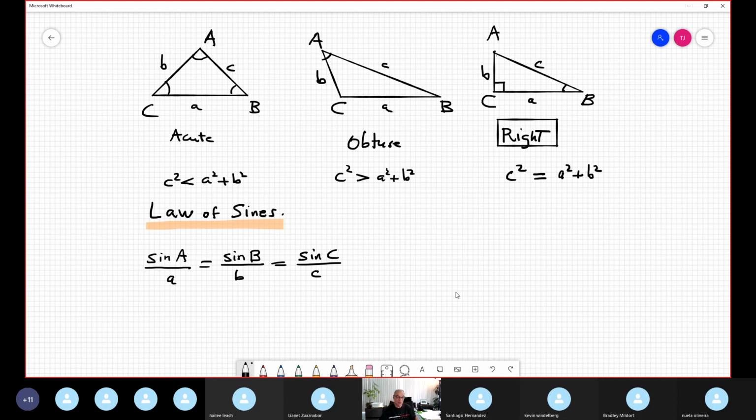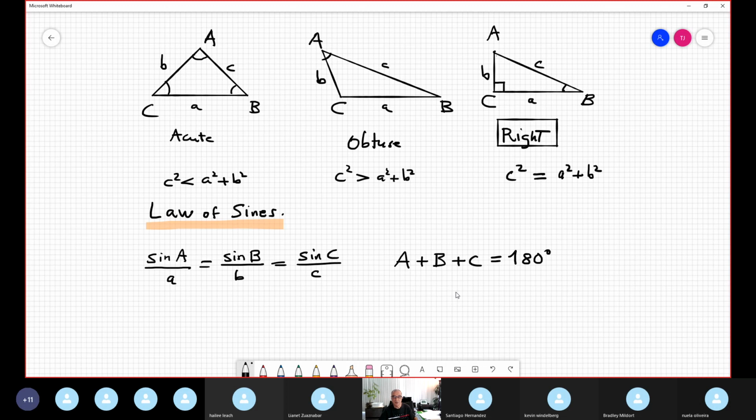One more important thing is that A plus B plus C is always equal to 180 degrees, because the sum of the interior angles in any triangle, it doesn't matter whether it's acute, obtuse, or right, is 180 degrees.